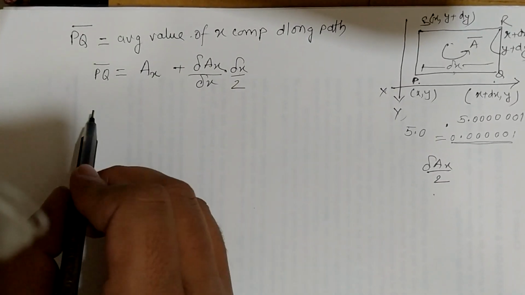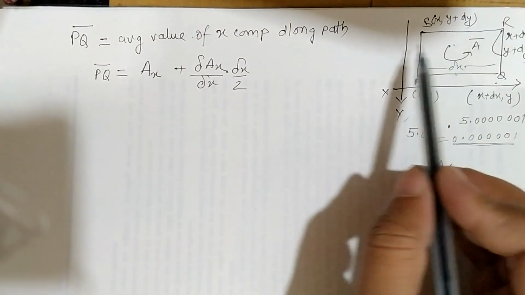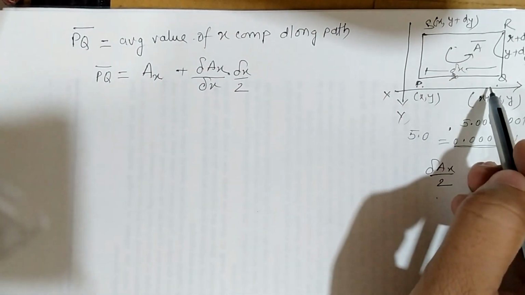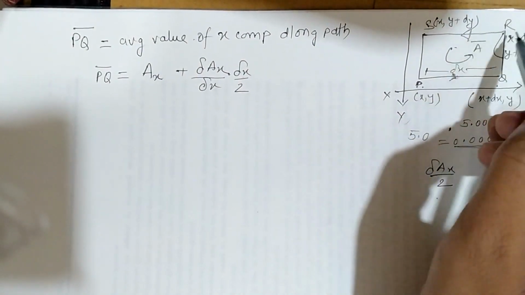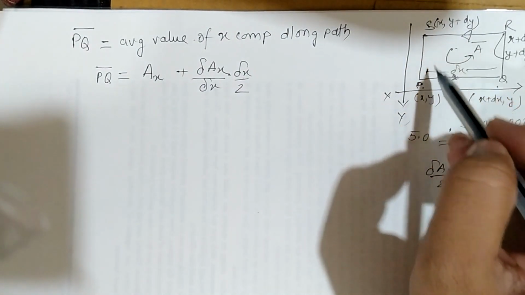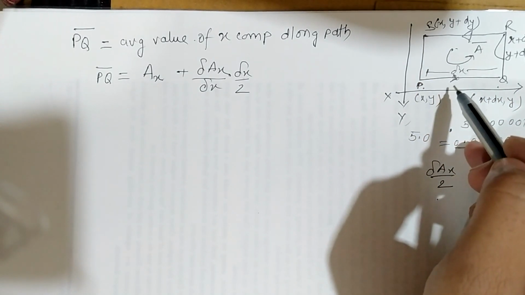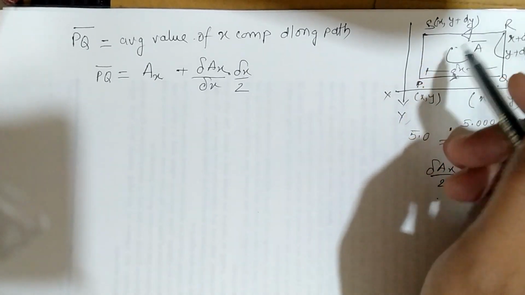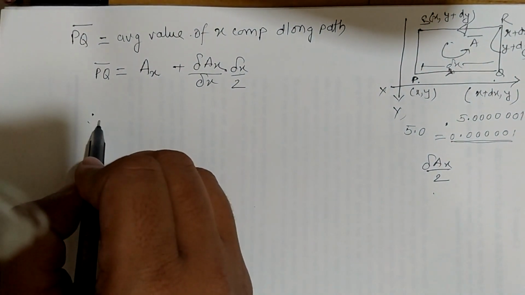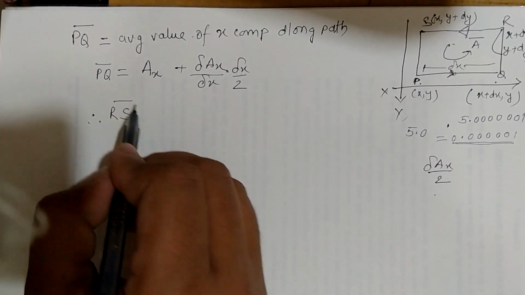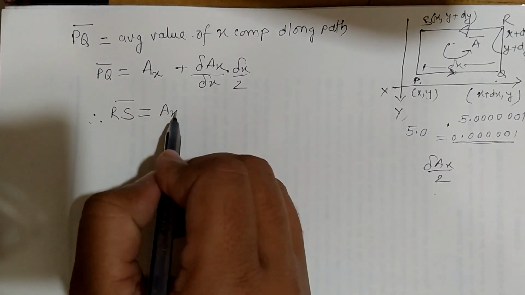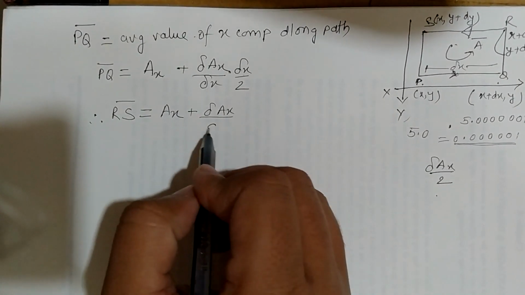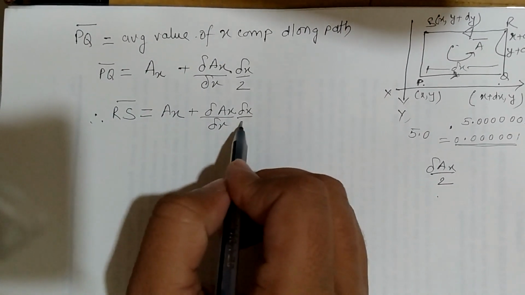Okay. Similarly we can calculate the value of this RS also. See, the direction of PQ is from left towards right, and for RS it is from right towards left. So the direction of RS is opposite to this one, and therefore we can say that RS will be Ax plus delta of Ax delta x dot delta x by 2.